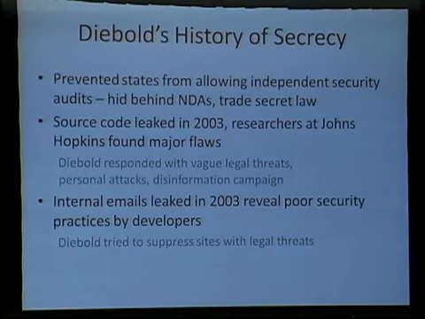Despite all of this secrecy, in 2003, someone working at Diebold had made the unfortunate mistake of making a tarball of their CVS repository and putting it on an anonymous FTP site. This is foreshadowing other security findings that later came out of the company. And researchers at Johns Hopkins looked at the source code and discovered some pretty alarming things.